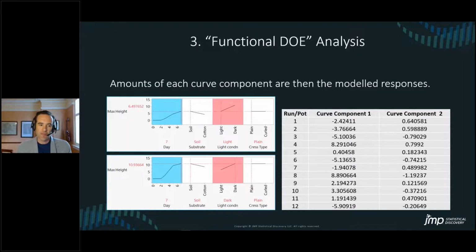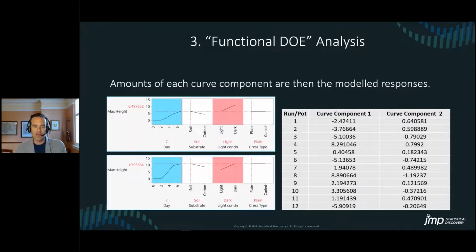So again, the amounts of each curve component, and then we model those as the responses. And again, that enables us to really answer the scientific question that we have: how does each factor affect the shape of my growth curve?